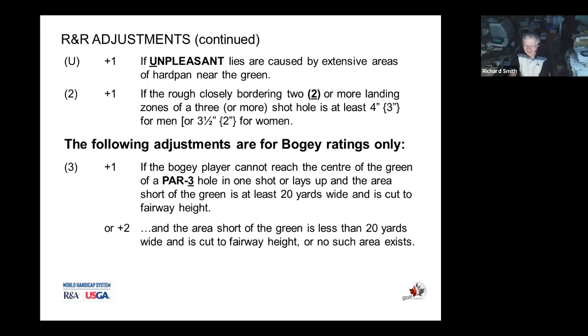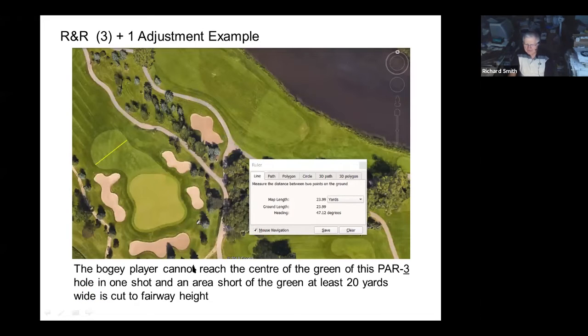Or if there is no such area, or if it is less than 20 yards wide, then this par 3 adjustment could be +2, or should be if there's no area or it's less than 20 yards wide. Here's a look at some of them, again, using Google Earth and its measuring function.